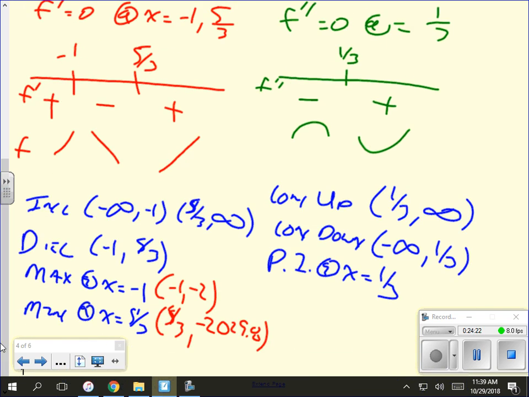So my point of inflection takes place at 1/3, negative 182/27. And I can sketch those points on the graph if I wish to do so or need to do so.